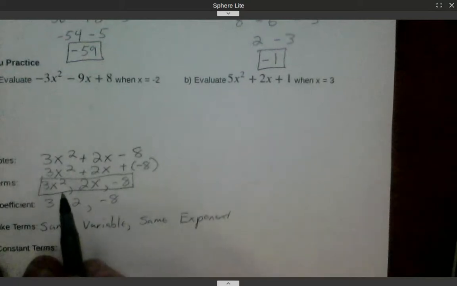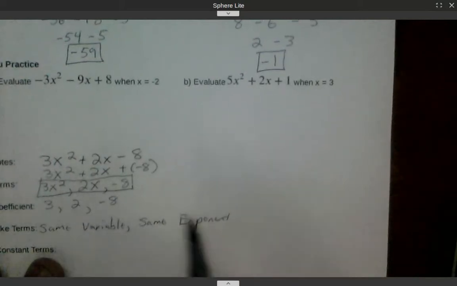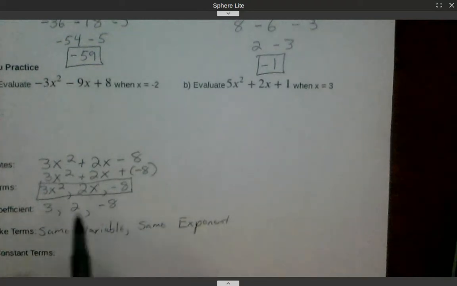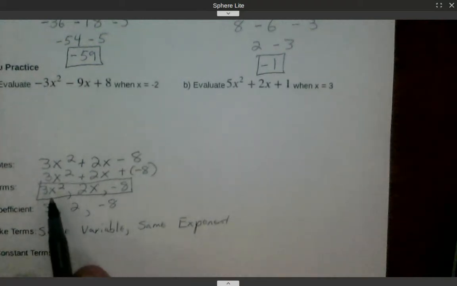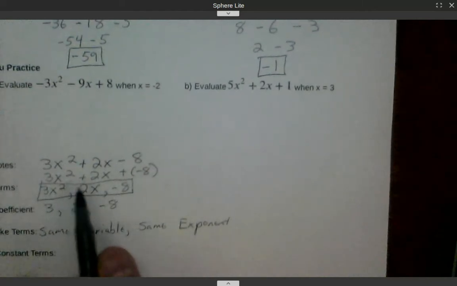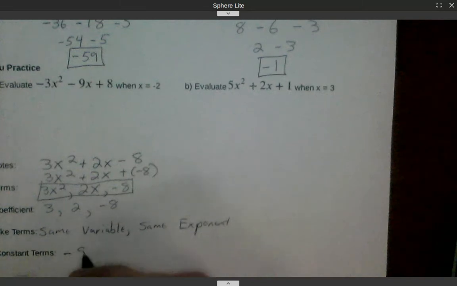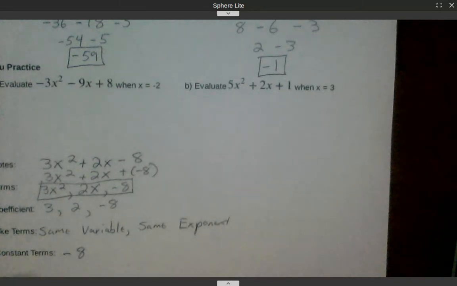My terms are 3x squared, 2x, and negative 8, but none of them can be combined. We can combine like terms if we have them, but 3x squared and 2x are not like terms because even though they have the same variable, they don't have the same exponents. Constant terms are the numbers that are all by themselves. So in this case, negative 8 is our only constant term.